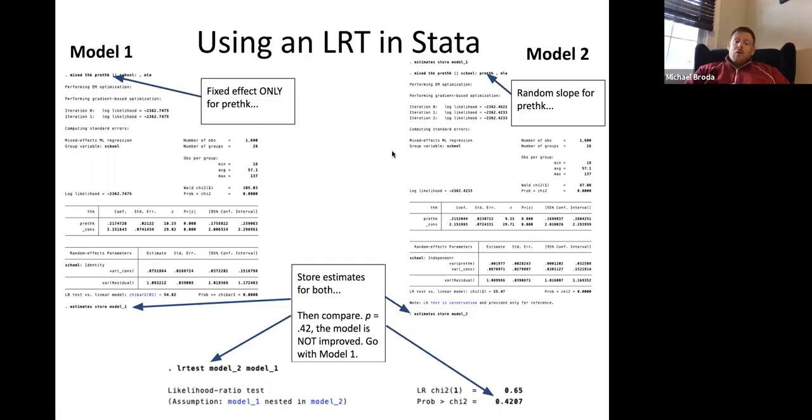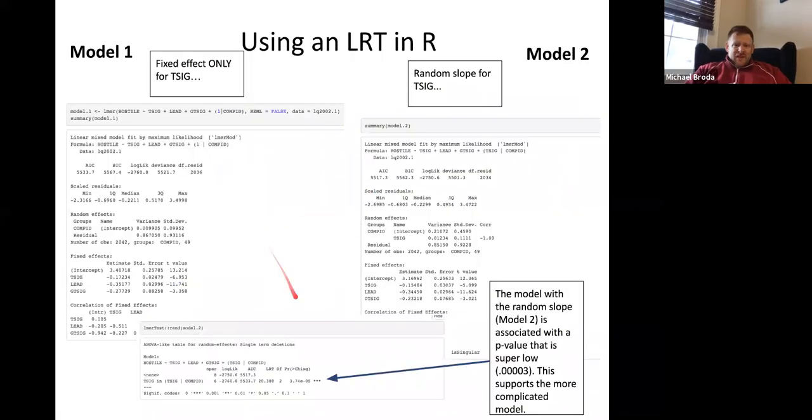Okay, R people, it's a very similar approach. Here, again, we're going back to the hostility model. Here's the fixed effect model with T-sig lead and GT-sig, and then a random intercept. The nice part is that when we define this, remember R people, we call this model.1 ahead of time, so we already know this is model.1.